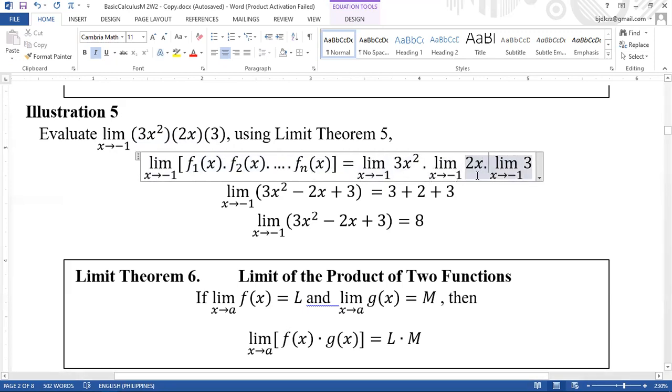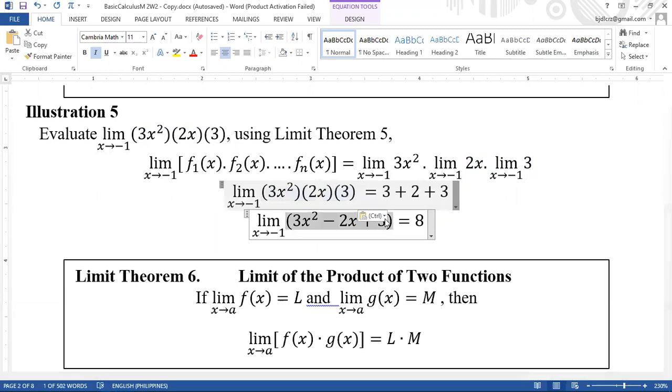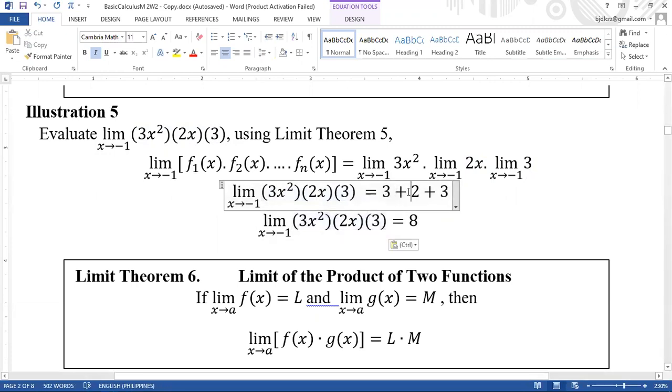So the limit of 3x squared, we substitute negative 1. So negative 1 times negative 1 is positive 1, times 3. So that's 3. Then the limit of 2x, substitute negative 1. Negative 1 times 2 is negative 2.